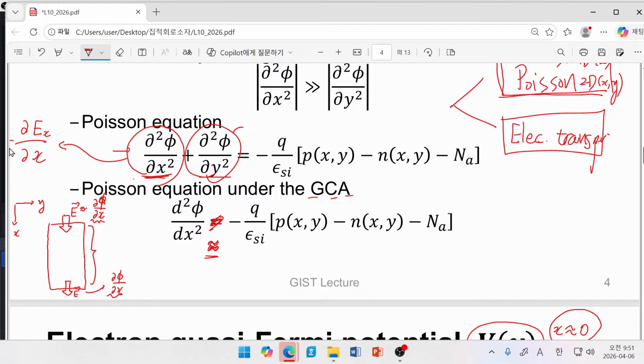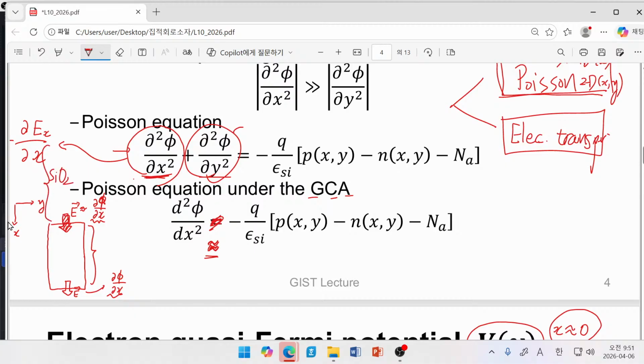And now we say that the variation of the vertical electric field is quite rapid. Why do we say so? Because now we have a strong electric field coming from our silicon dioxide layer.